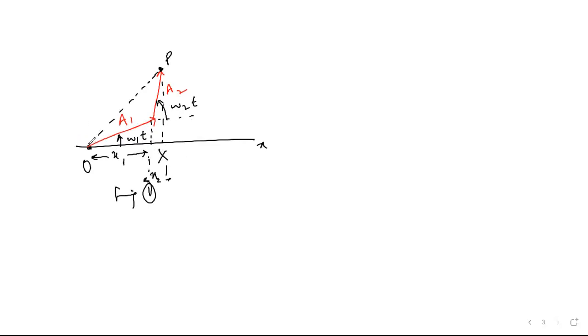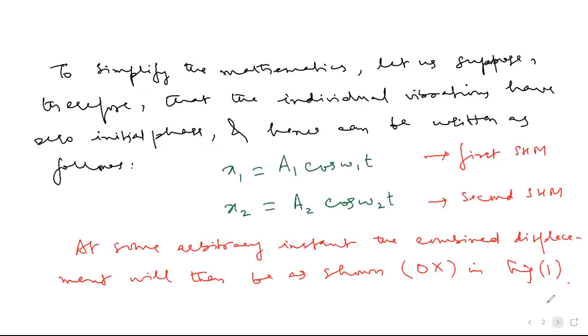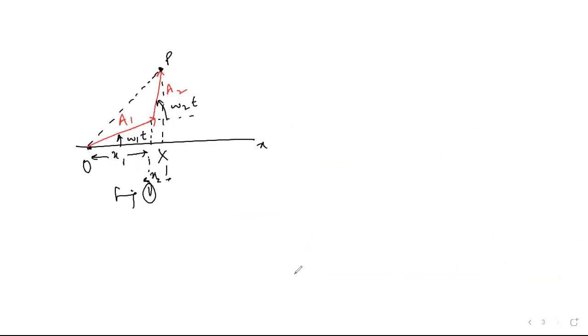Now the resultant OP vector will represent the amplitude of the combined motion, and its projection represents the total displacement x.